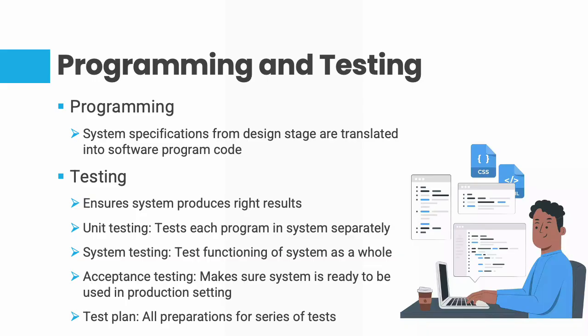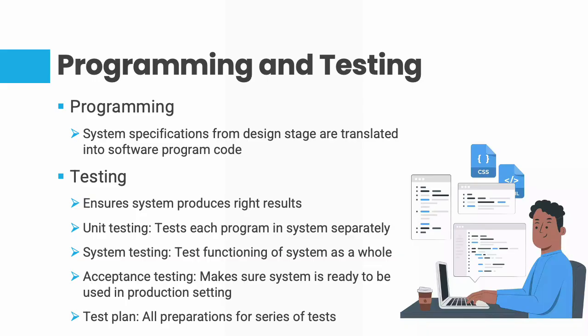This is where the blueprints from the design stage are given to the software developers, the programmers. Their job is to translate those specifications into a language computers understand, which is code, and then they write all the instructions that will make the system function.